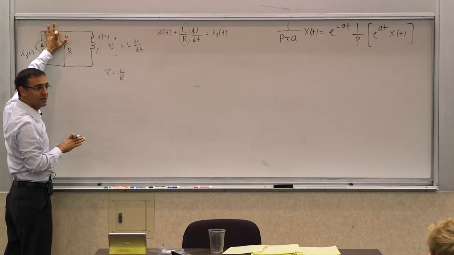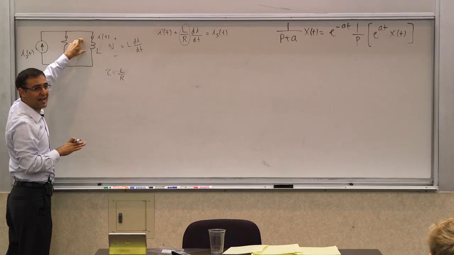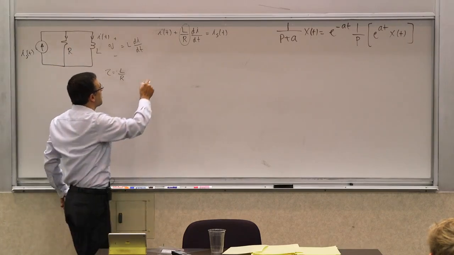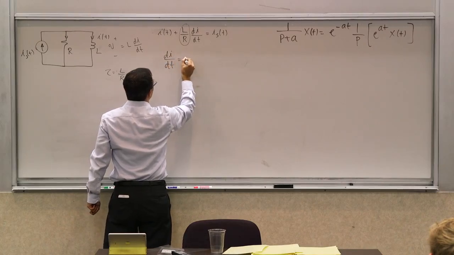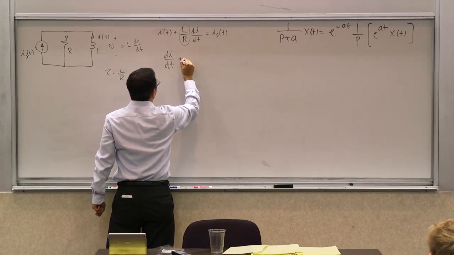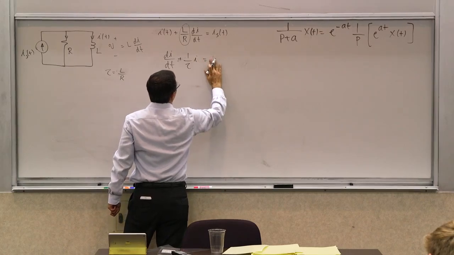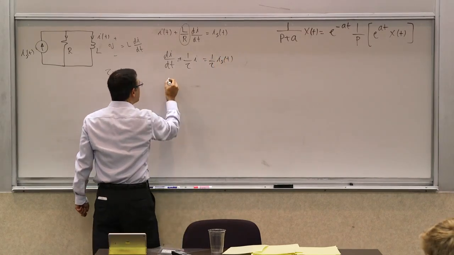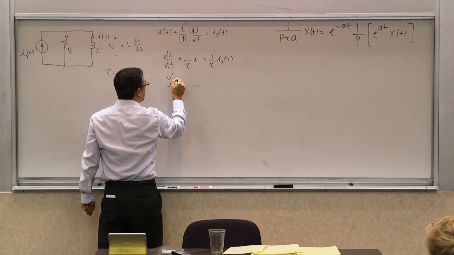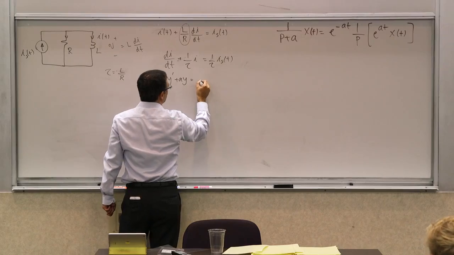An open circuit, right? So what is the resistance seen by the inductor? R. So it's L over R. In that sense, I have di dt plus 1 over tau I equals 1 over tau Is of t, which again is in the form of y prime plus ay equals x.